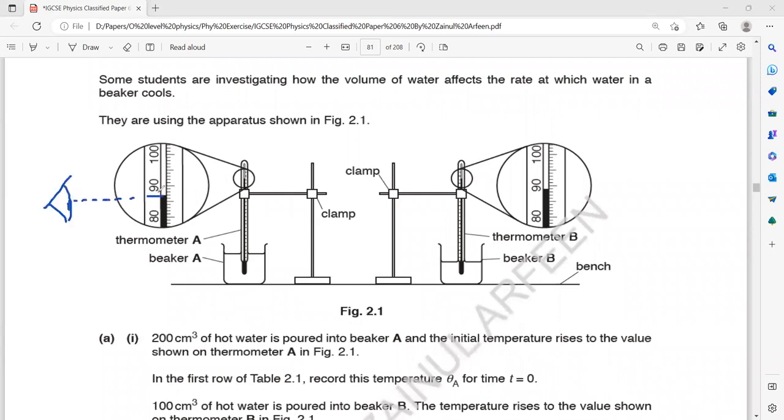The thermometer should not touch the base or the wall of the container or beaker. And the third one, we allow the temperature to rise to a certain value. We will stay with the thermometer and wait until the reading stops rising to record the initial temperature.